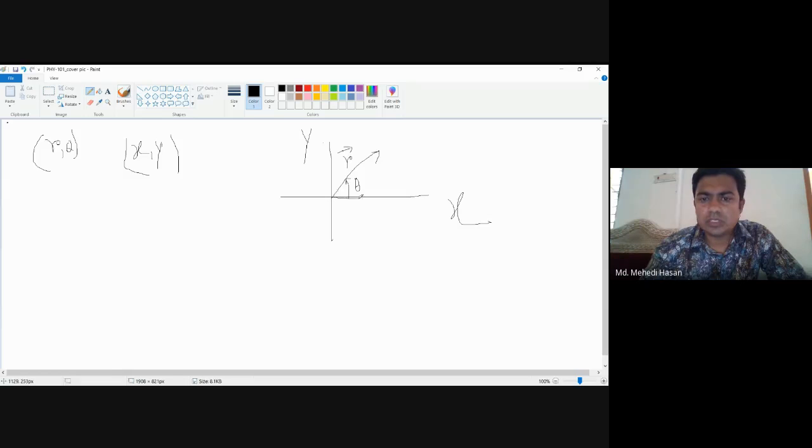So we consider the positive x-axis as a reference line, then from that line anti-clockwise to this vector r is considered as the angle theta. Now this r, theta represents the polar coordinate.